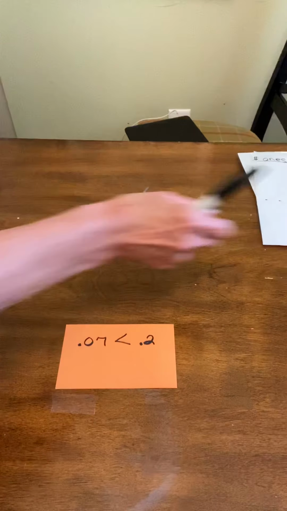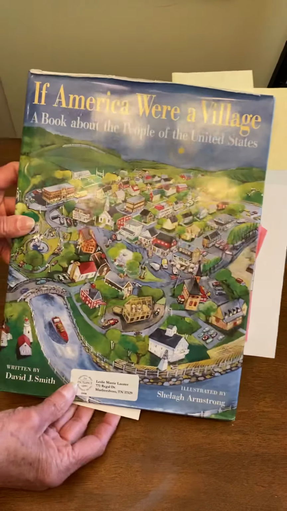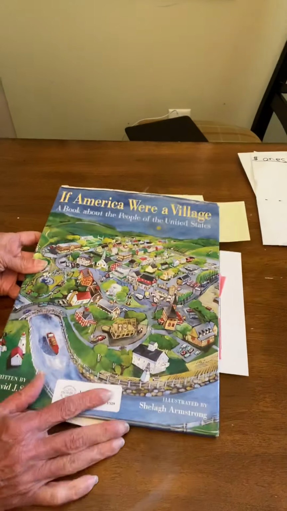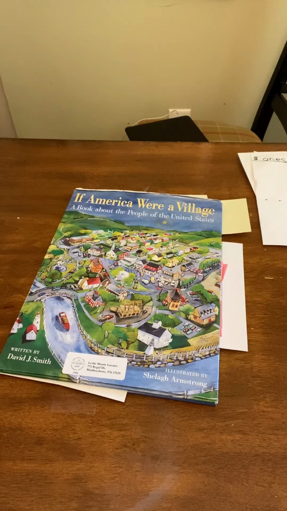All right, now, the next thing we're going to do is look at a book. The book we're going to use today is If America Were a Village, since we study American history in 5th grade. There's also If the World Were a Village, both by David J. Smith, but we're going to use this first.